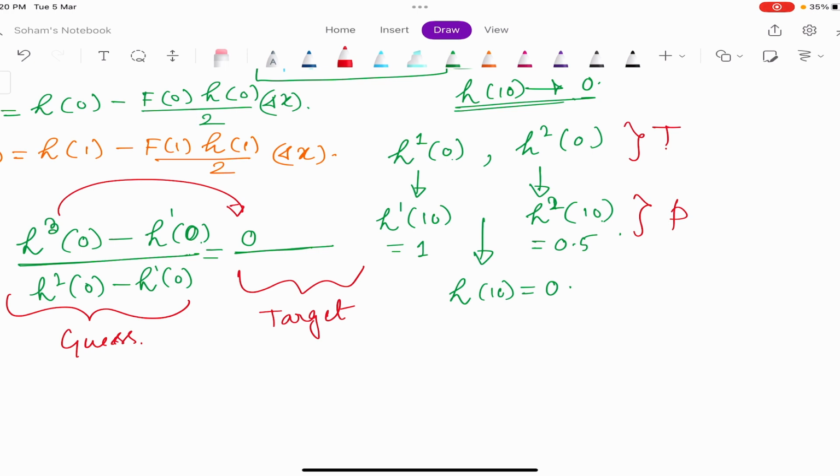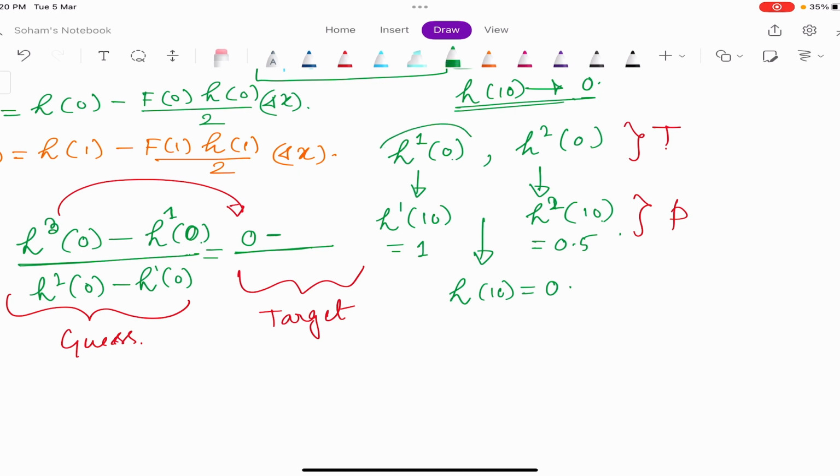So for the target we have 0 here, h3 is the desired guessed value for which h10 should be 0, and h1 of 0 was some value, let us say x, we had that as our guess, I mean sorry, this was the target, extremely sorry.